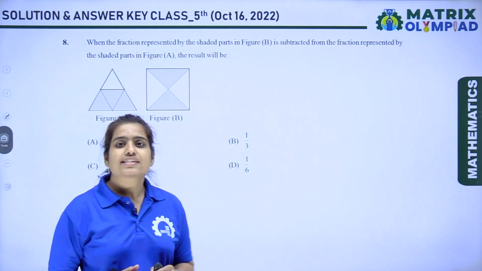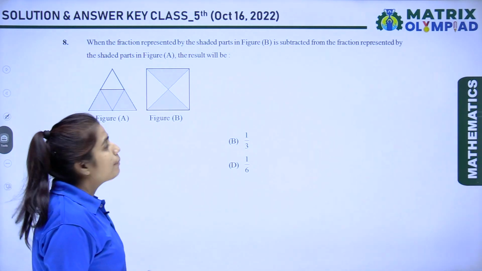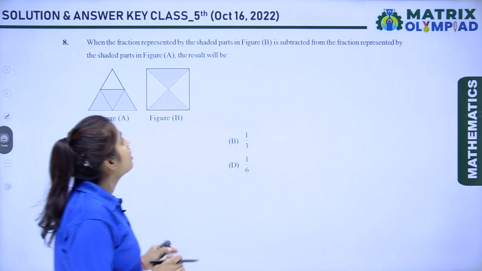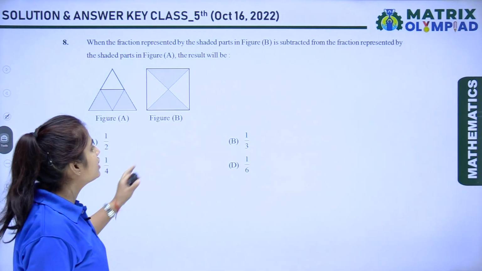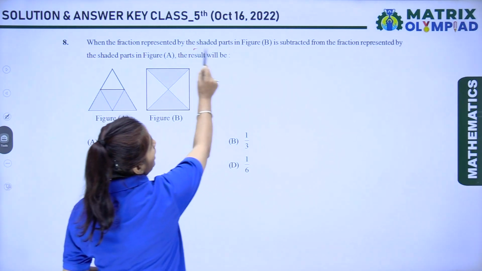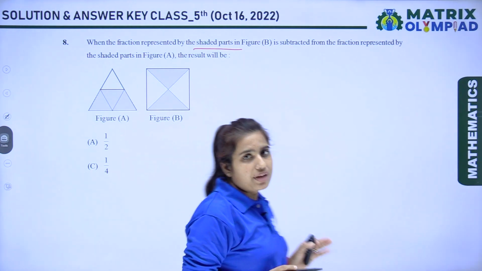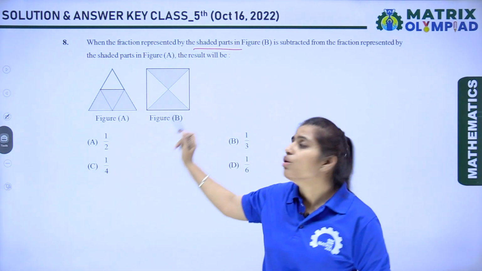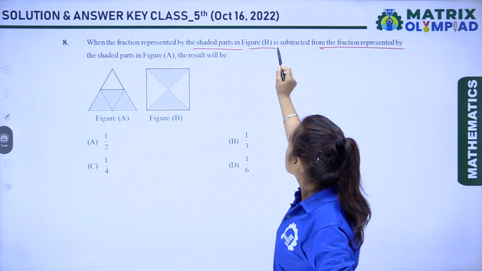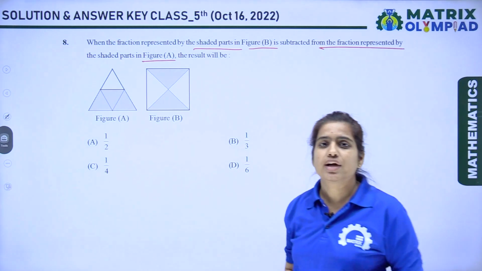Now, in this 8th question, the fraction represented by the shaded part, this is the type in which 2 figures are given to you and it is said that it is represented by a shaded part. Now, we have to subtract figure B from figure A and then find the result.